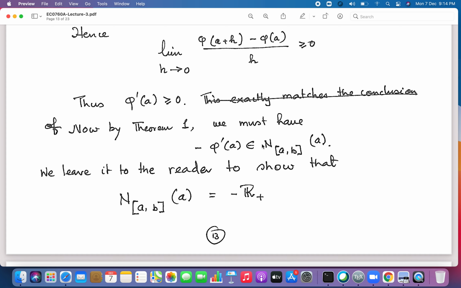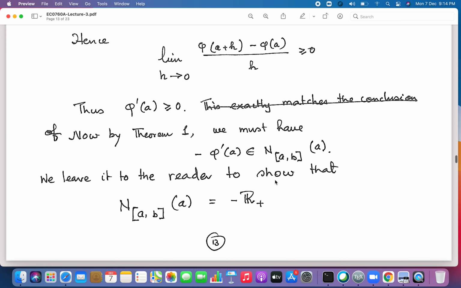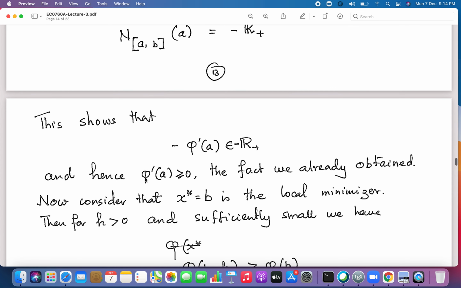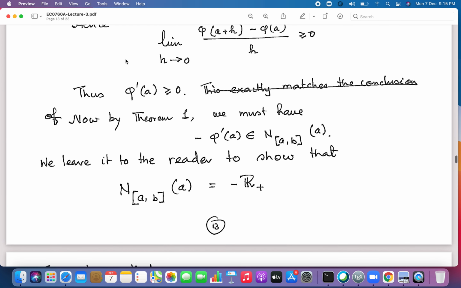So minus phi dash A must be less than or equal to 0, which means phi dash A must be greater than or equal to 0, which exactly conforms with what we have from the basic analysis.